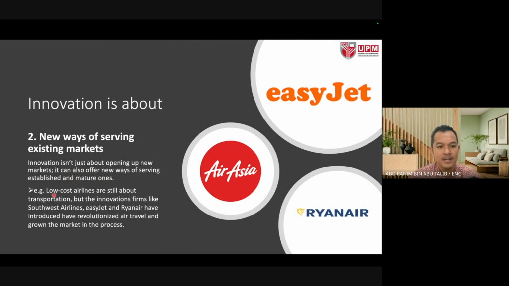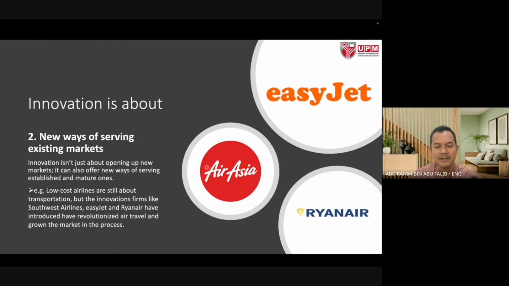For example, here, low cost airlines are still about transportation, people moving from one city to another, but innovative firms like this kind of airline have revolutionized air travel and grown the market in the process, because by having low cost, people just pay for the services that they require.